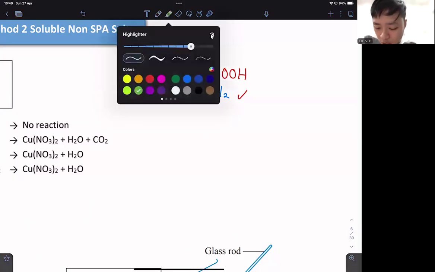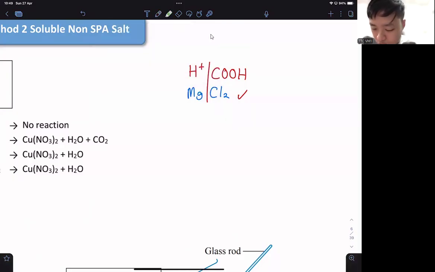Okay, so an acid. The first reactant is HCl, the hydrochloric acid. Then what is the second reactant? The second reactant can be one of four: Mg, carbonate, oxide, hydroxide.